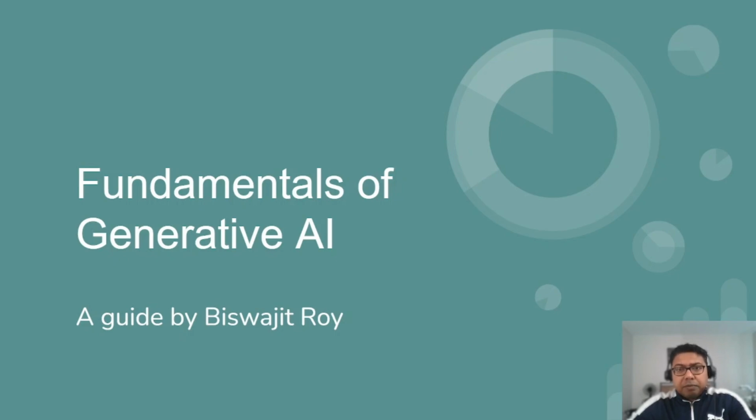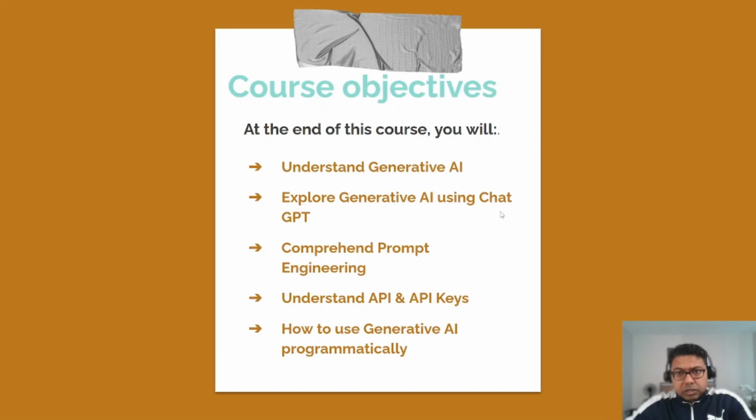But after today's video, we'll come to know these many topics. If you complete this video today, you will come to know about generative AI, what it actually is. We'll explore generative AI using ChatGPT.